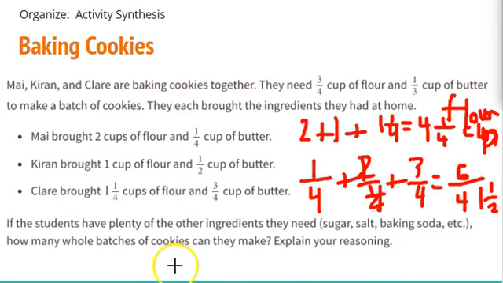Now, here's the question. If they have all the other ingredients, how many batches can they make? And it wants to know just whole batches. If we look at just the butter, we have 1 1/2 cups.